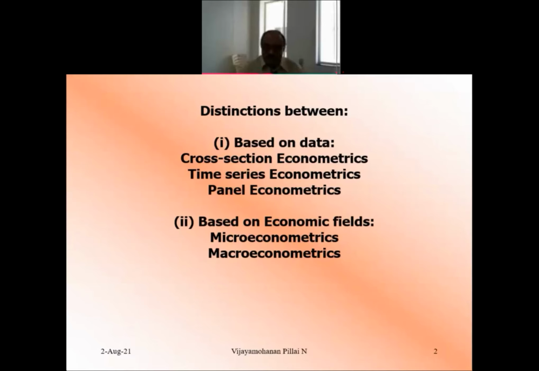So we have some separate sessions on time series econometrics. Otherwise, today we will be dealing with general econometrics. Now, based on economic fields also, we have two types, microeconometrics and macroeconometrics.